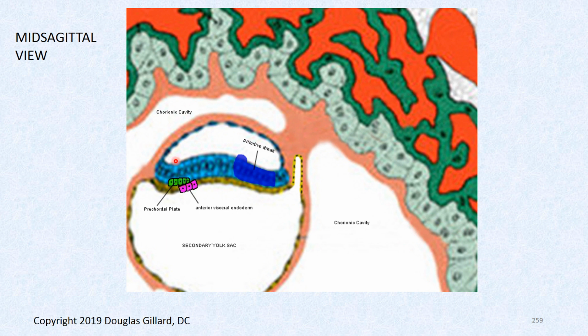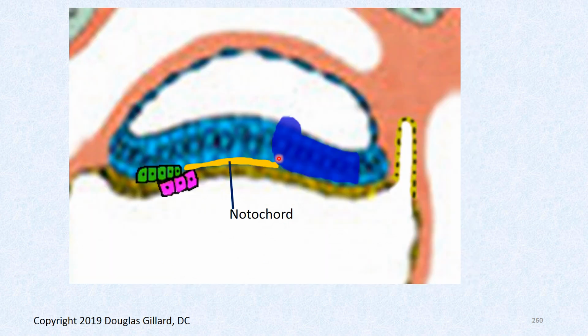I didn't draw in the oropharyngeal membrane, which would be above here, and the cloacal membrane would be here. So in this first part of the video, we're going to grow a little stick right out between these two layers, the ectoderm in blue and the endoderm in yellow. I drew a little stick in there in Photoshop. That's what we're going to be making, this little stick right here, super important, called the notochord.